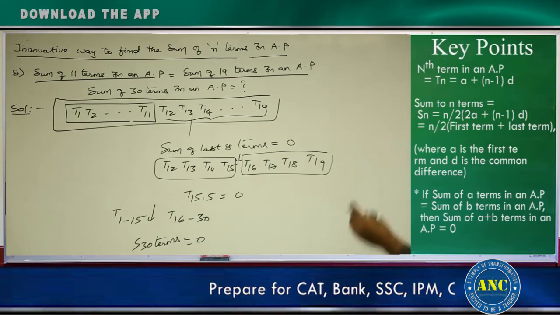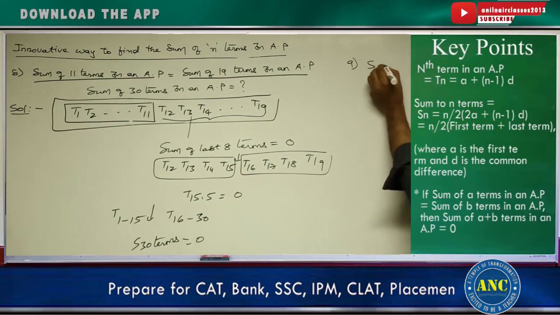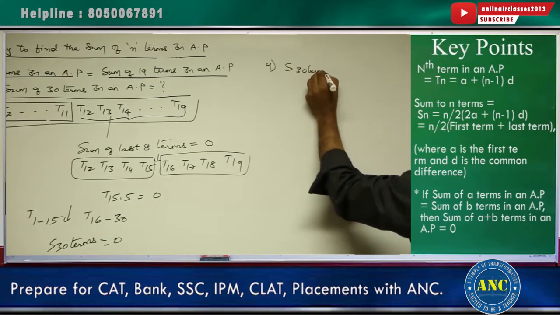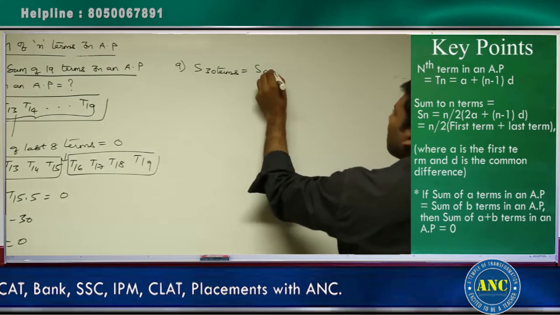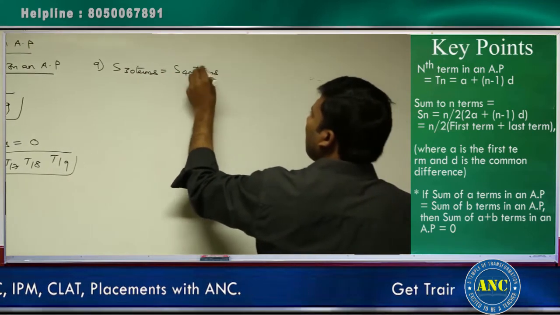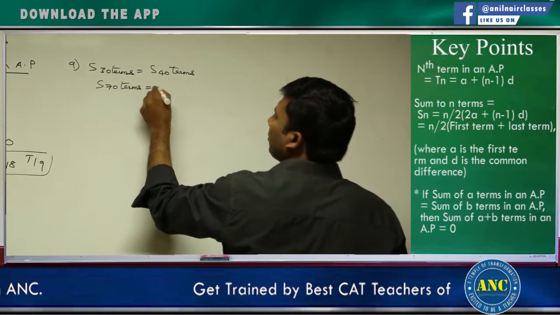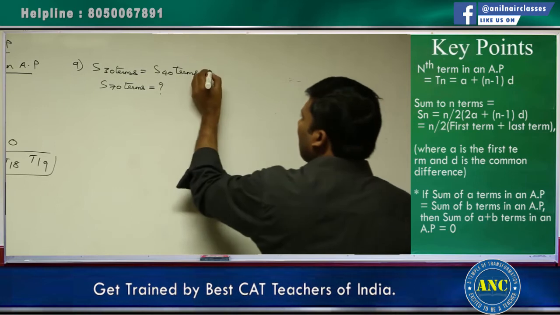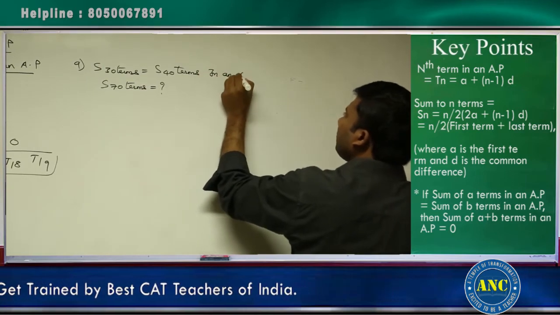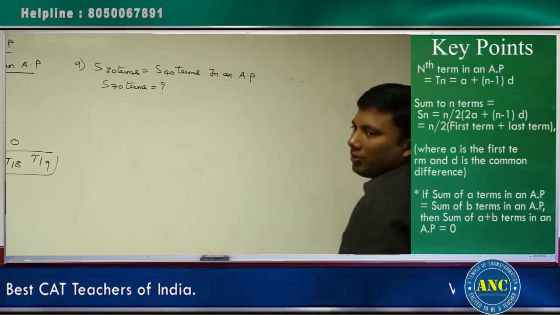Right? One more question. Sum of 30 terms is equivalent to the sum of 40 terms. Sum of 70 terms is equivalent to what? Listen carefully. This is an arithmetic progression.